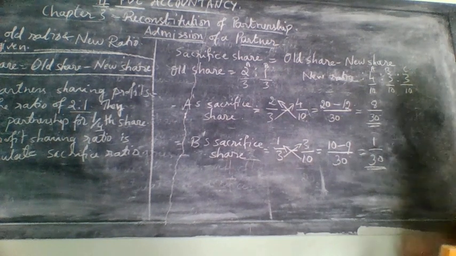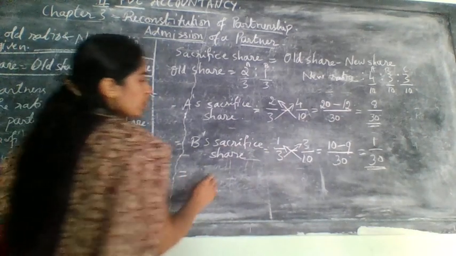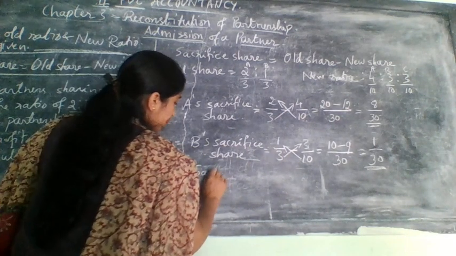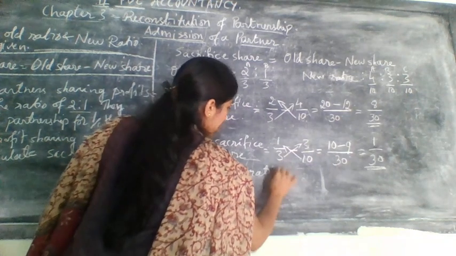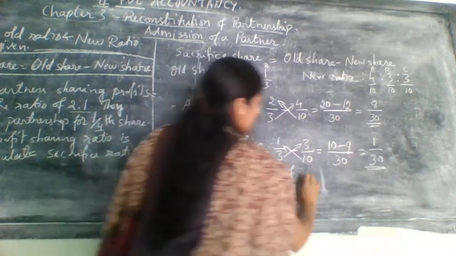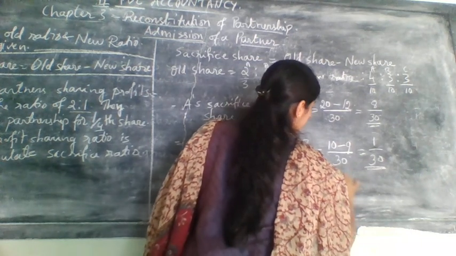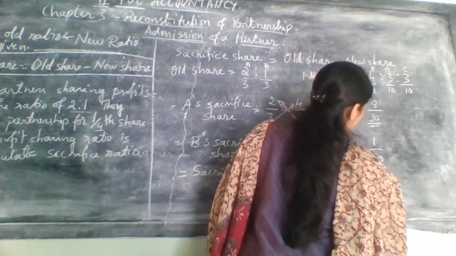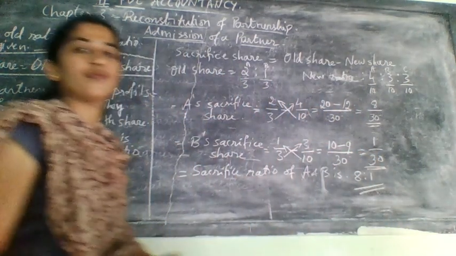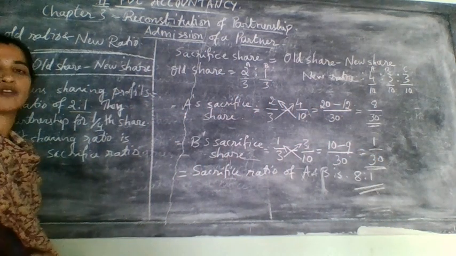That's why you can consider this as the sacrifice ratio. So the sacrifice ratio of A and B is how much? 8:1.